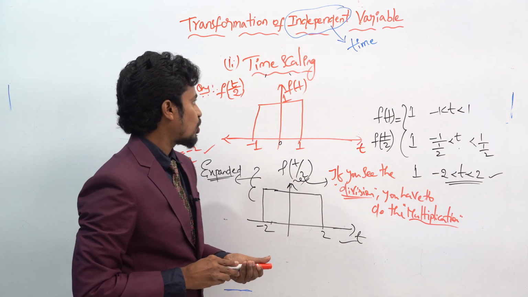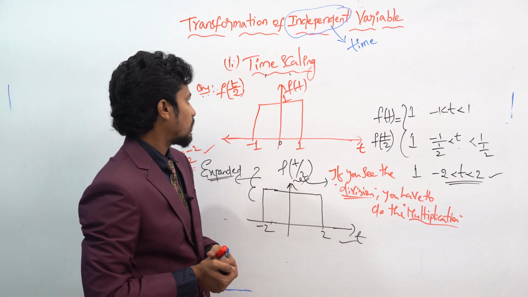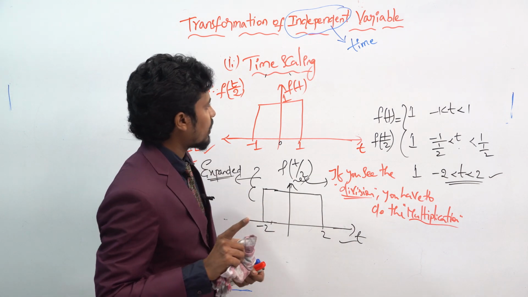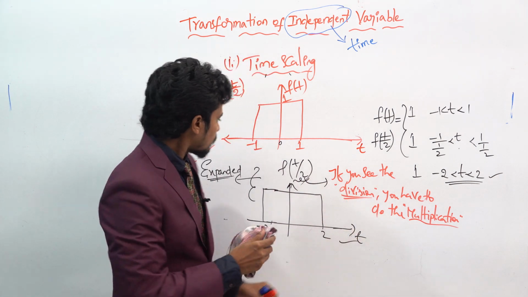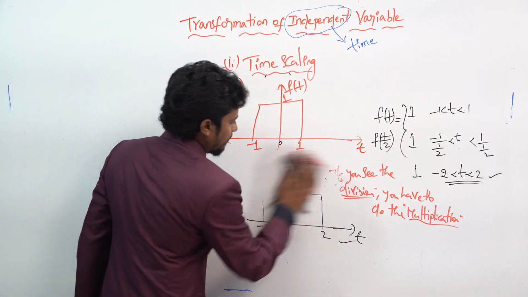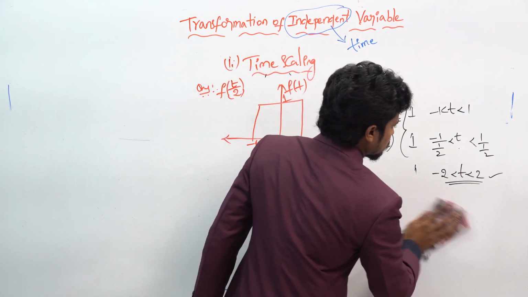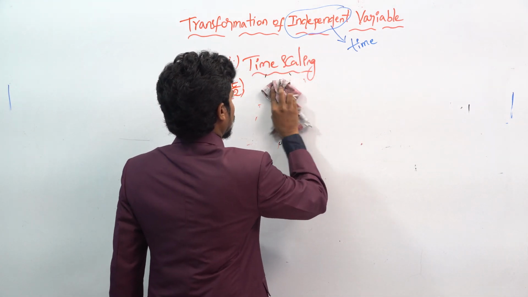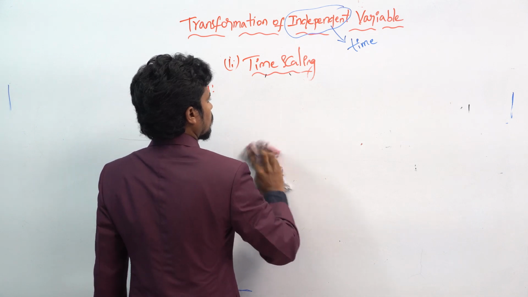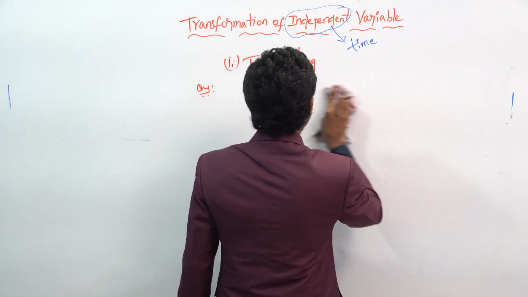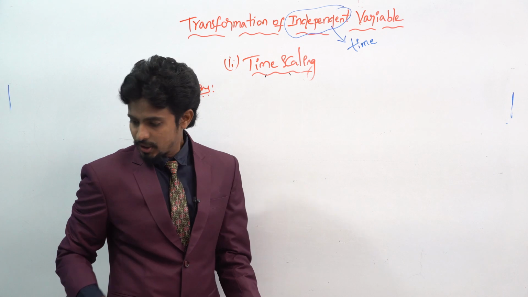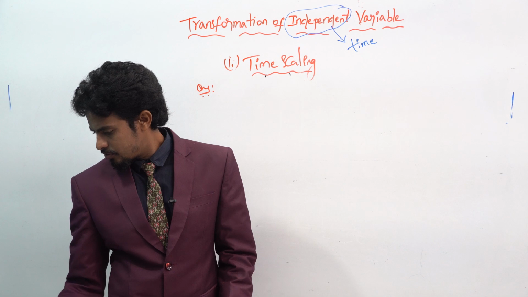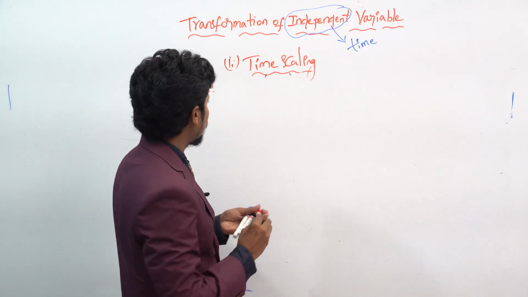Now let's see one more problem based on time scaling. I will tell you one question, and one question I will give to you as homework. So question B: x of 2t will be given.